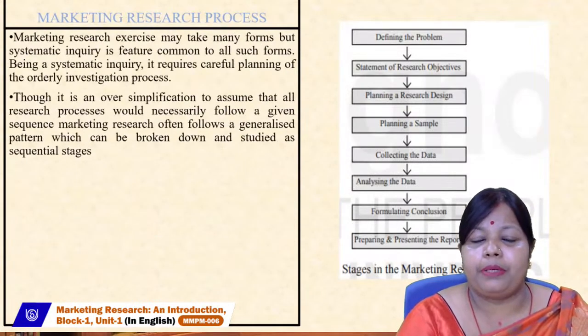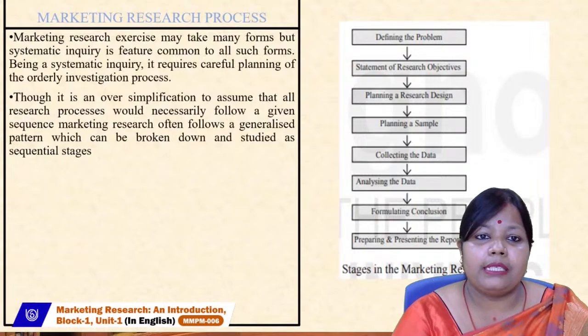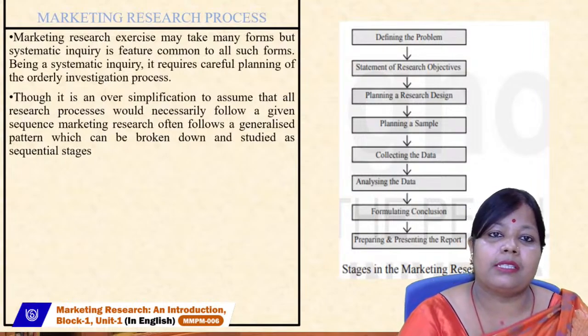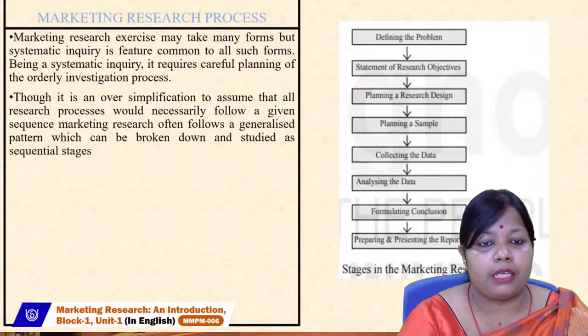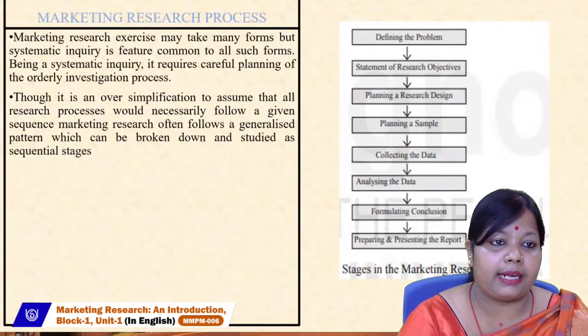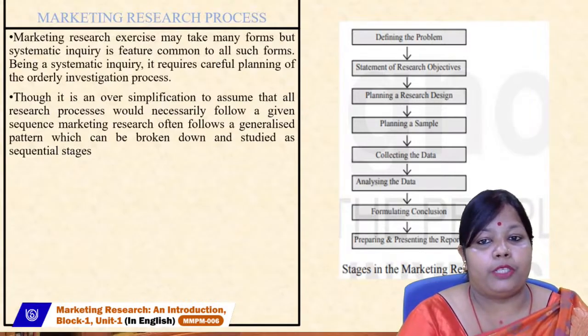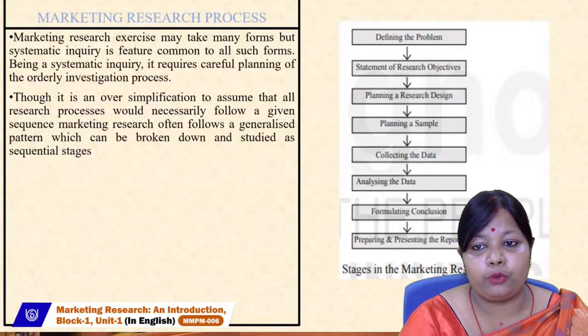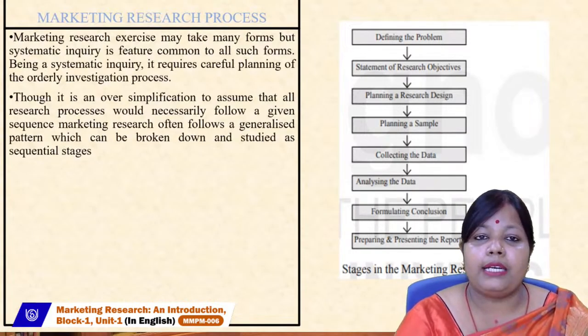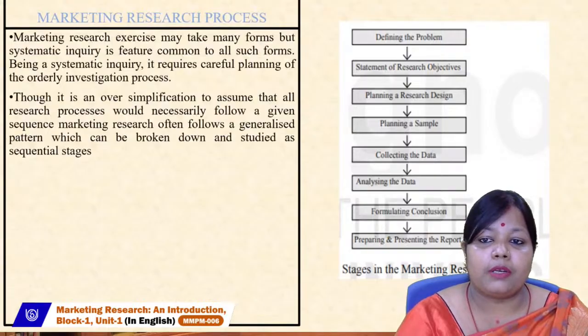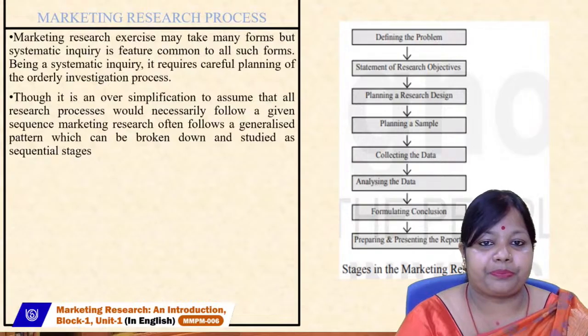And planning of the sample. Sampling is a method of data collection, as opposed to the census method. No doubt census takes much time, much money, and huge manpower to conduct. And we also know that it is not a scientific process, so many a time we should go for sampling.